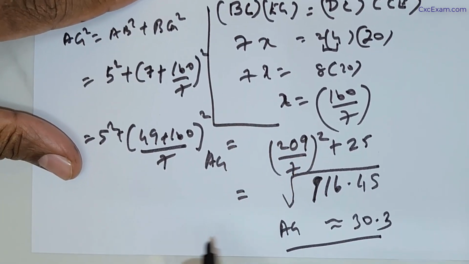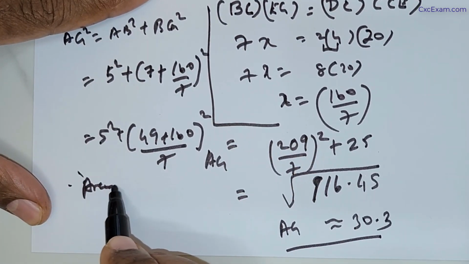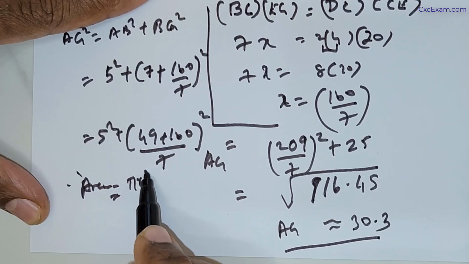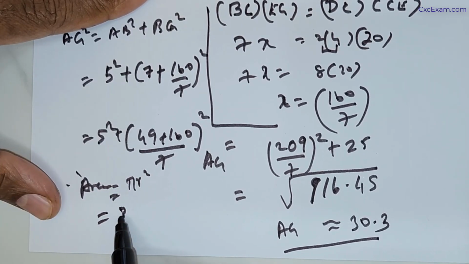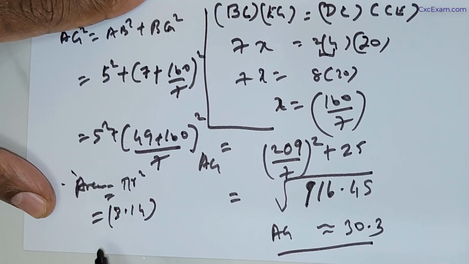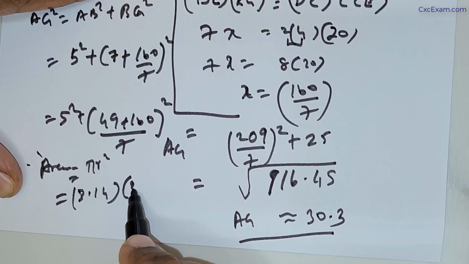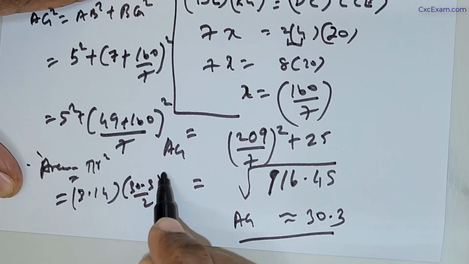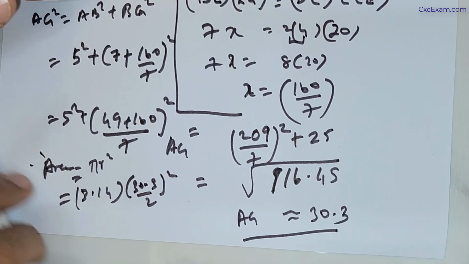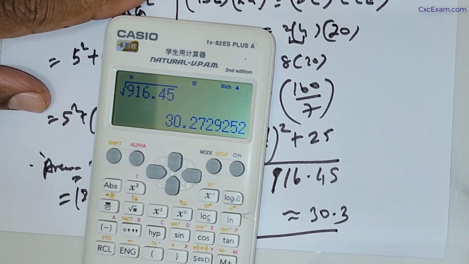Now we want the area. Therefore area is equal to pi r squared, which is nothing but 3.14 times 30.3 divided by 2, squared. So what is 30.3 divided by 2?